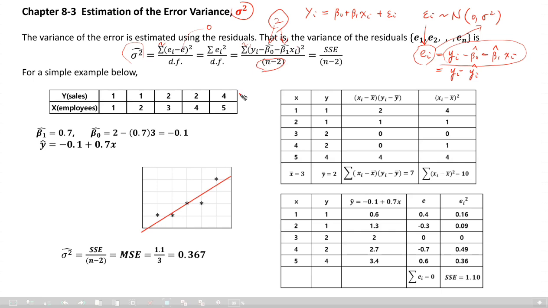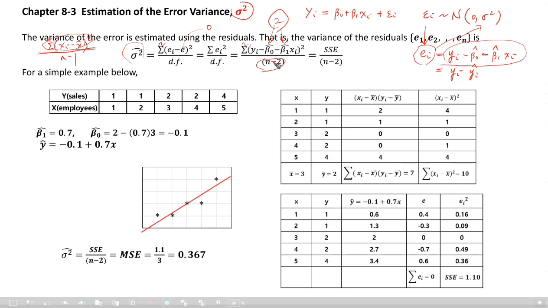I told you degrees of freedom is the number of independent items. Well, here, xi minus x bar squared divided by n minus 1. So this deviation squared, how many? 1 to n. So the number of independent items in the numerator is n minus 1.